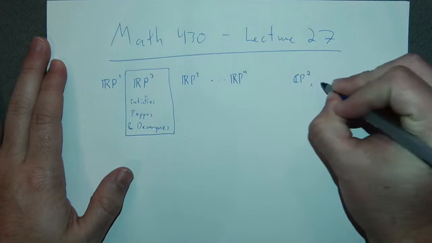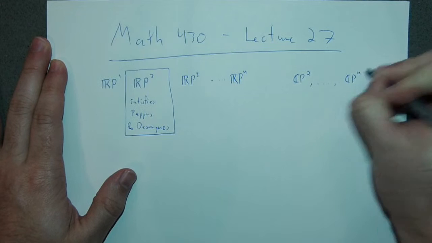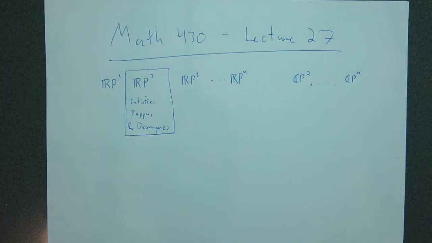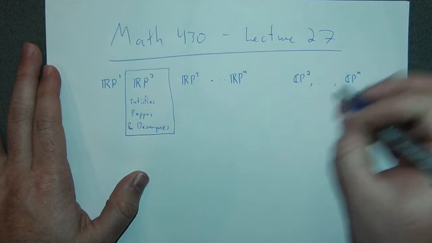And so we can do the similar construction of CPN. Well, we did this actually for any field, including finite fields, which is what led to our construction of the Fano plane. But in particular, this last time we defined the Quaternions.